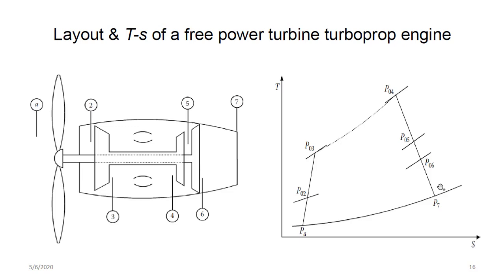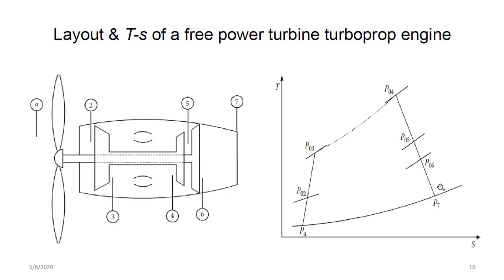It has two turbines and one compressor. So the first compressor is driven by the first turbine, or the high pressure turbine, and the low pressure turbine is the one that is connected to a reduction gearbox, and it drives the propeller.